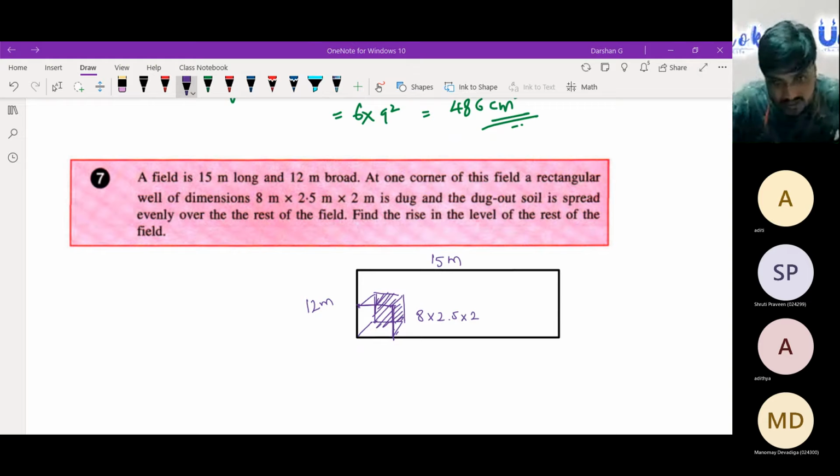I'll give you 3 minutes. Please try by yourself. Let's see if you can get this. Whoever gets the answer can raise your hand.